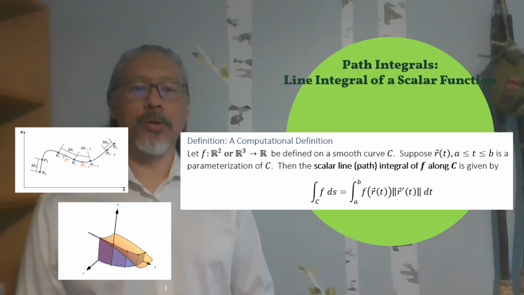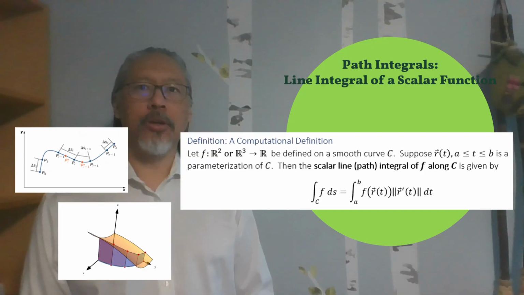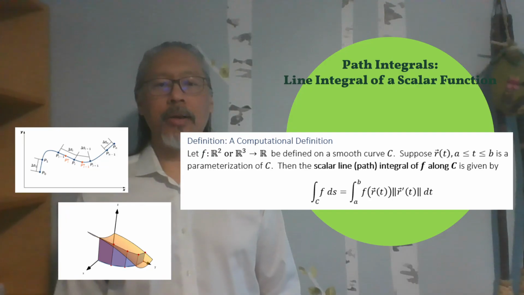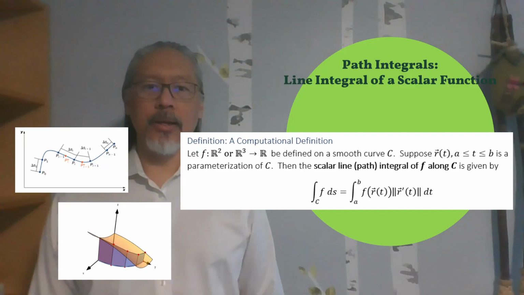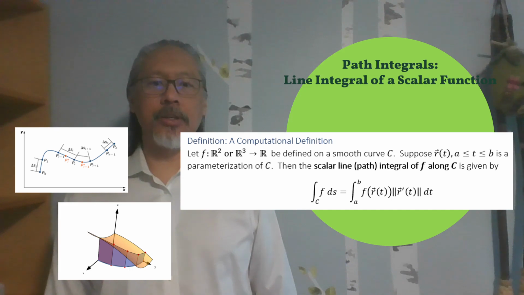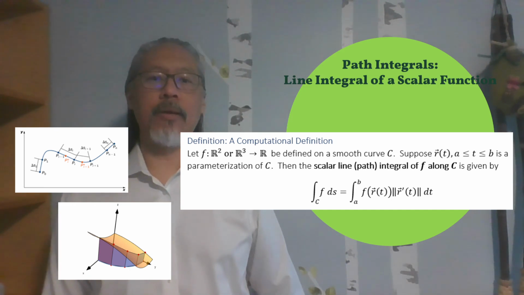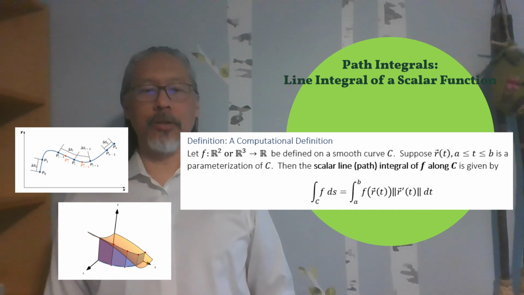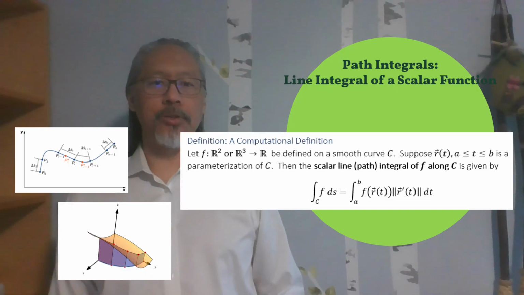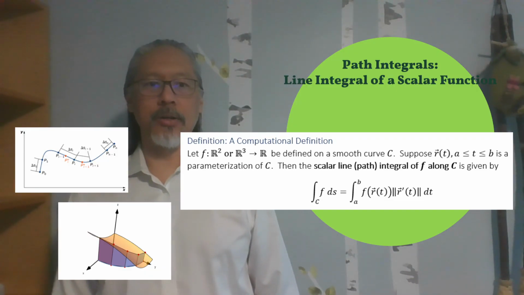In finding the arc length, we found the magnitude of the derivative of the parameterized function. So we have a notation definition, the integral over C of f ds, and then we have the working definition where we actually parameterize the curve C, and then we use that parameterization as part of the integral.